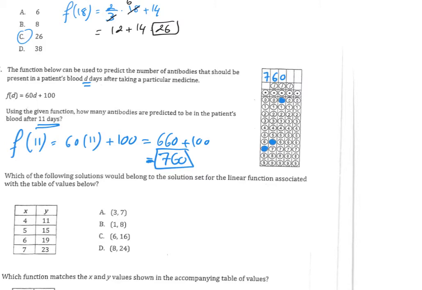Let me just erase this one here. You can write 760 like this. You get 7 here, 6 here, and the third column we get 0. So either way would be correct.